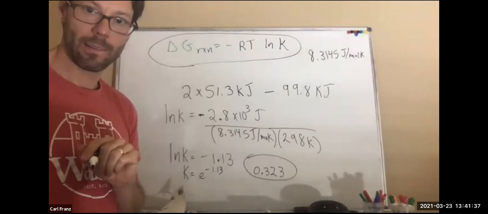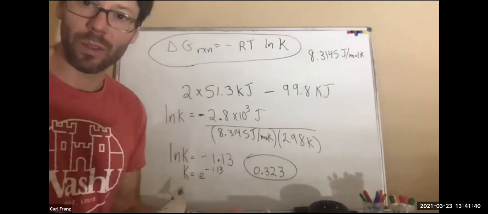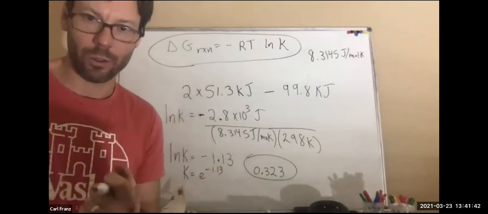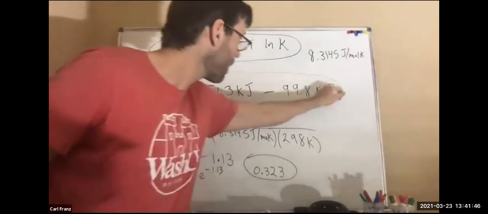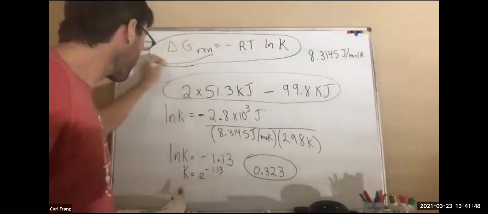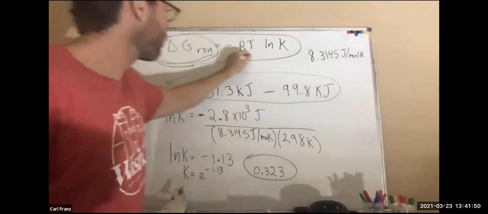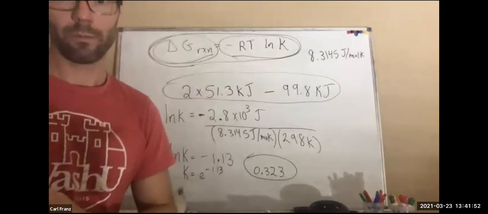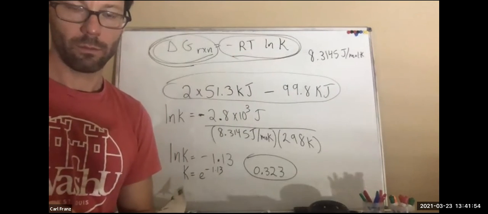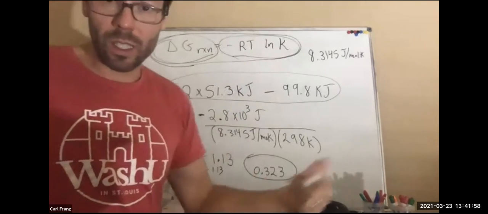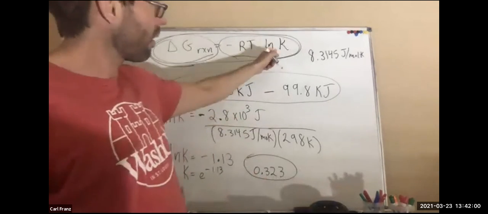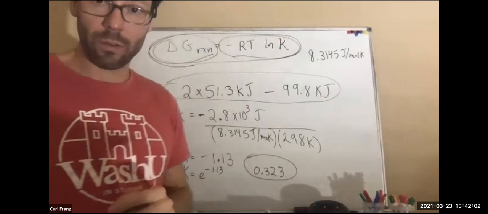So if you got a problem that's giving you free energy values or delta G values, know to do this, to get this, and then plug in what you're given here. Who knows? Maybe it'll give you the K and ask for what temperature is that at. But chances are the K is what you're solving for.